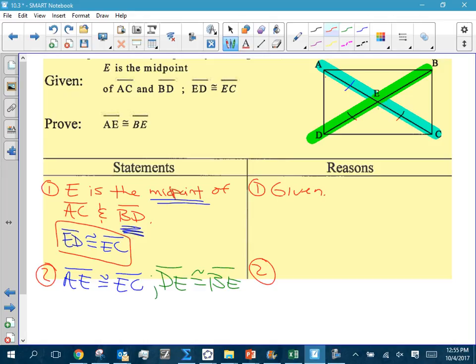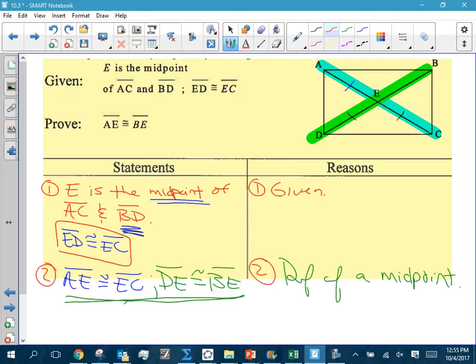All right? Now, these congruency statements came from midpoint, right? That's how we develop them. And if we're looking at the glossary of the book, it's going to say a midpoint is the point of a segment that cuts a segment into two congruent segments, right? So these are true because of the definition of a midpoint.